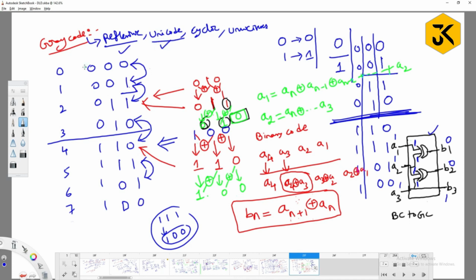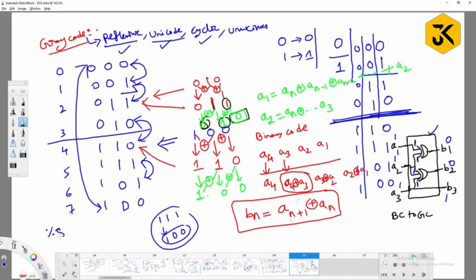Even if you take the corner numbers, 7 and 0, only one bit is going to change. 100, only 1, only 000, right? This is why I am calling it a cyclic code also. Cyclic code, right? Meaning that if I take the numbers from 0 to 7, the processing always gives numbers from 0 to 7, simply nothing but modulus 8.